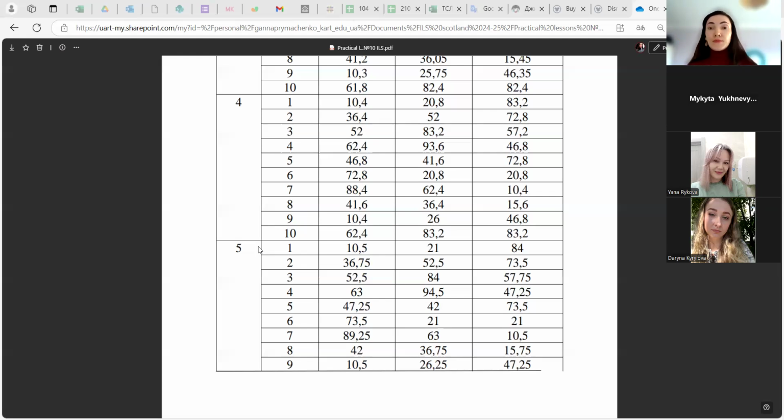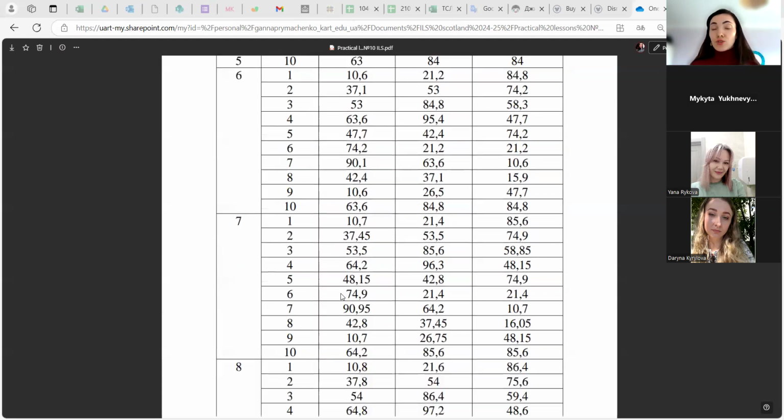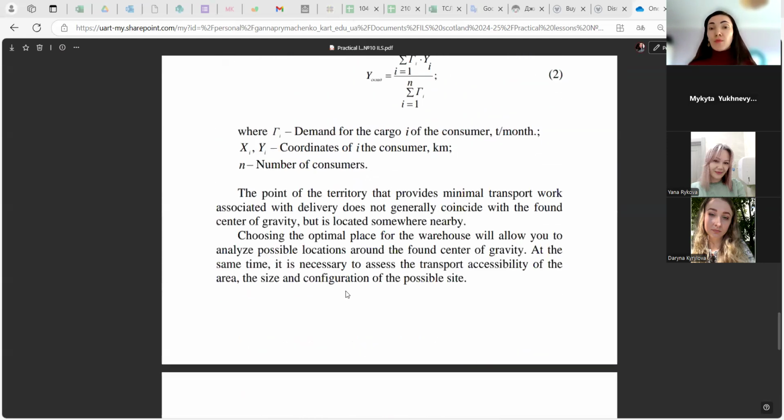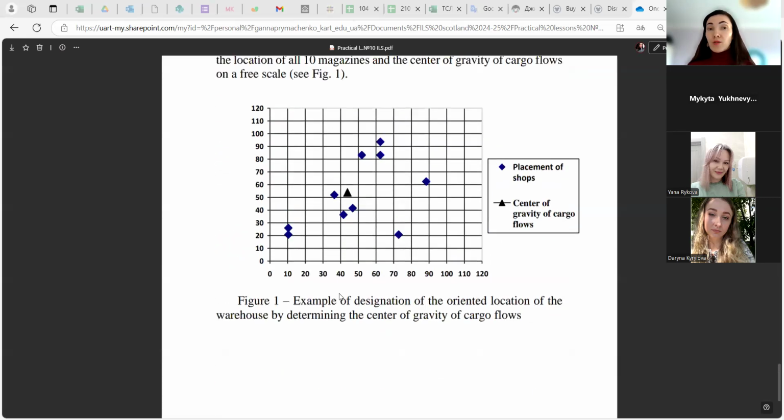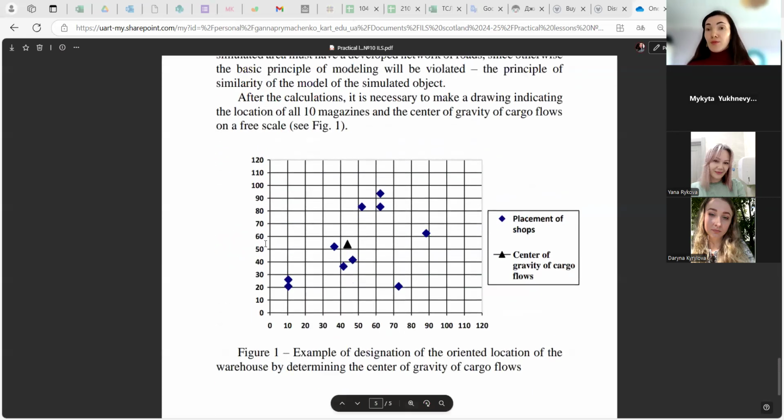We have it. Okay, and the last thing we need to do is to draw the same picture, the same figure we have now. We need to draw our axis y in the positive part and the positive part of axis x.